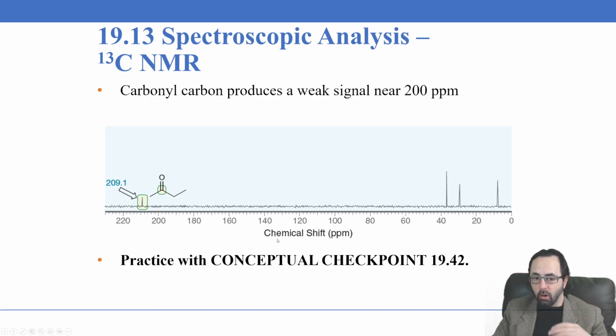For the carbon NMR, the carbonyl carbon is going to give you a very downshifted signal as well at about 210-ish ppm, 200 ppm. And so the combination of all these spectra can really point out to you that you have a carbonyl.